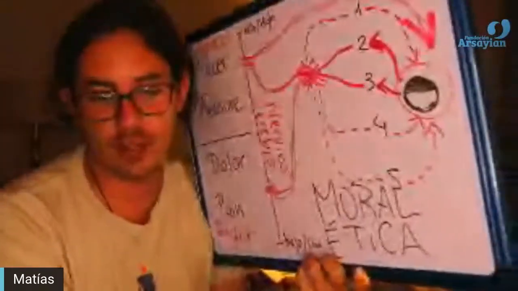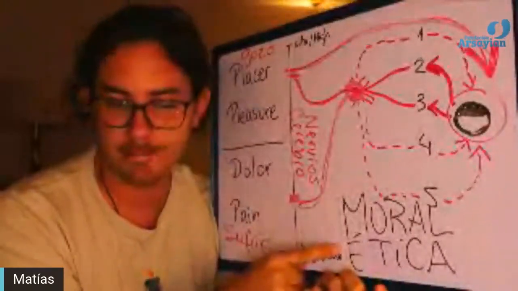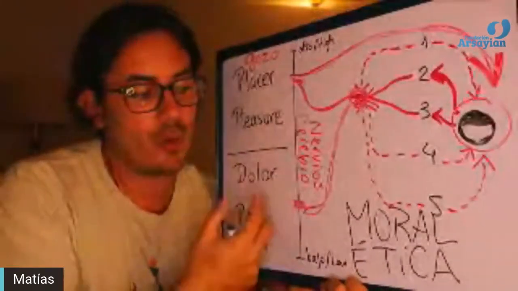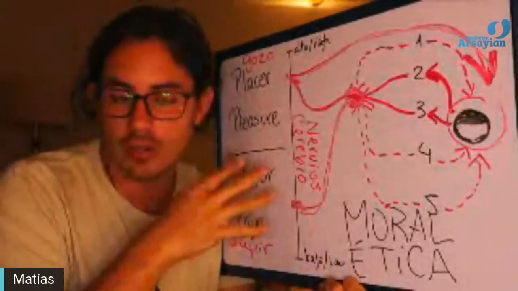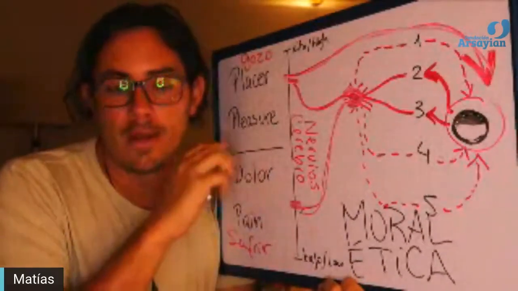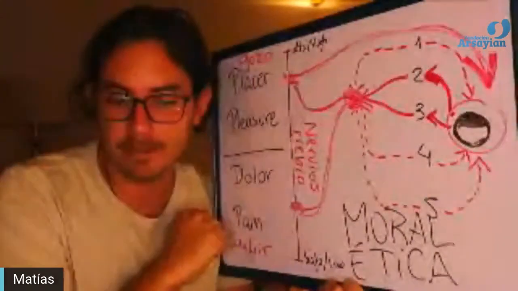This is why we humans created morality and ethics. We created morality and ethics as a way to control somehow these limits between pleasure and pain.